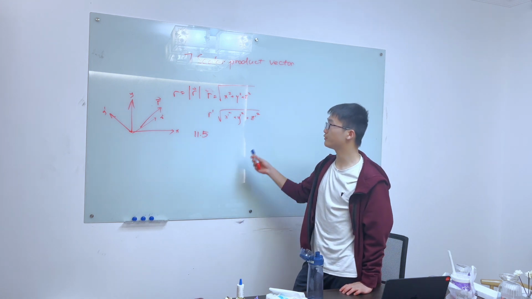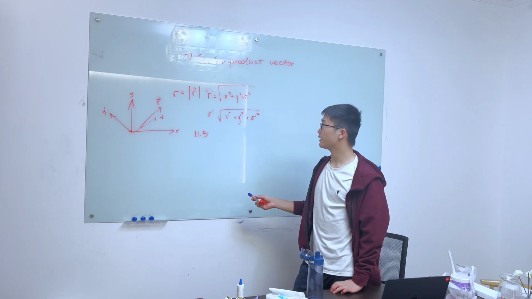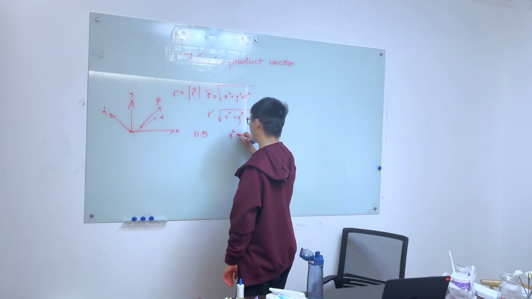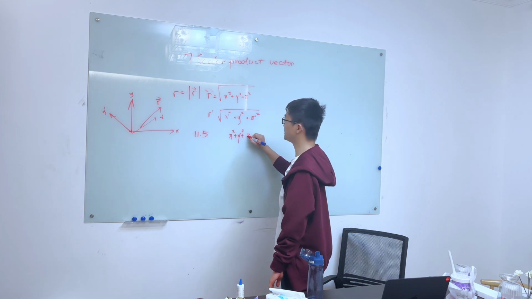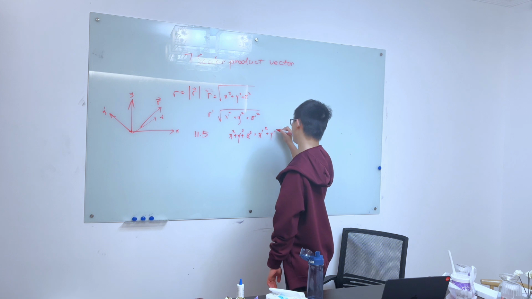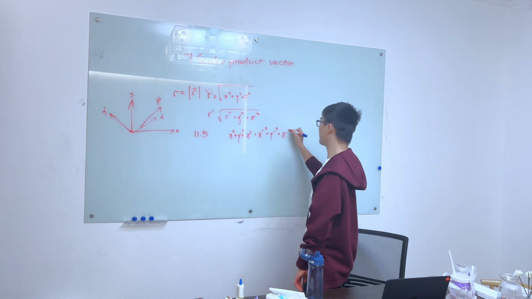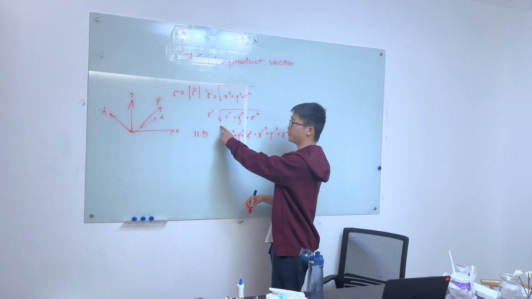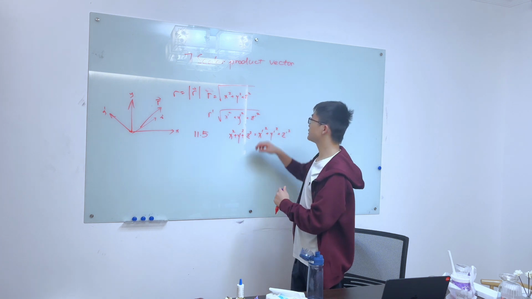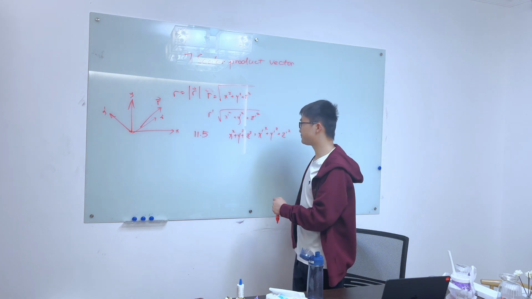If we want to prove that this is the same, then we only need to prove that x squared plus y squared plus z squared equals x prime squared plus y prime squared plus z prime squared. We will take away the root because it's a bit complicated to calculate, so we just square both sides.